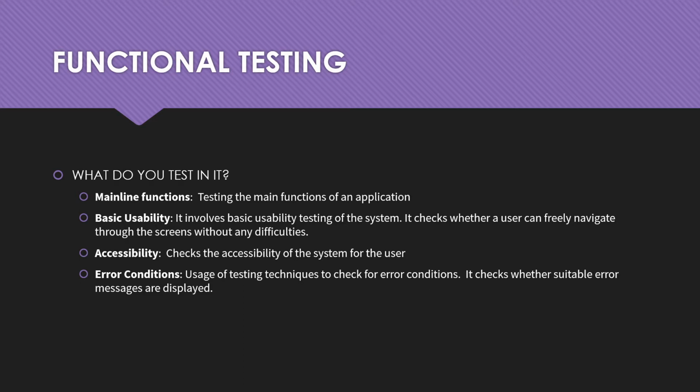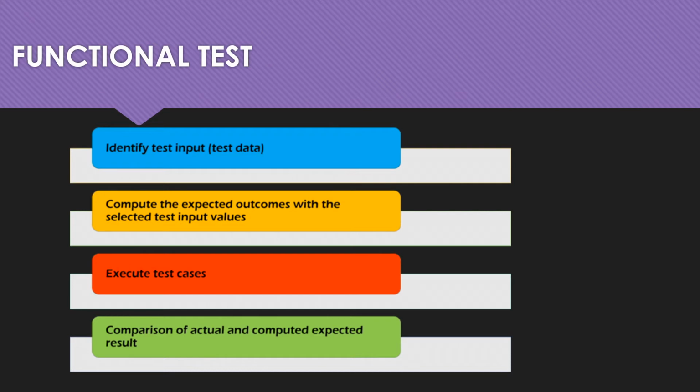And then the error condition: we check whether, if we get an error, it displays the same message or a different message, or what the error of this application is.